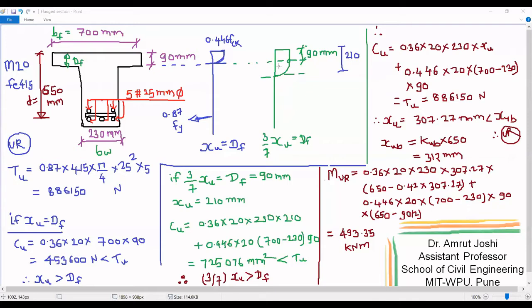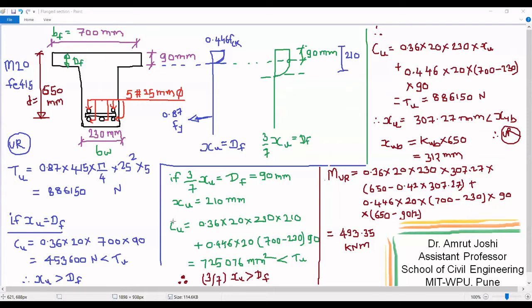Therefore, in this assumption, we say that 3 by 7 xu is equal to Df, which means on the entire Df, the value of stress is going to be constant, and that value of stress is going to be 0.446 FCK. The moment I say 3 by 7 xu equal to Df, we know the value of Df, which is 90 mm. Therefore, xu turns out to be 7 by 3 times Df. In this case, it is 210 mm.